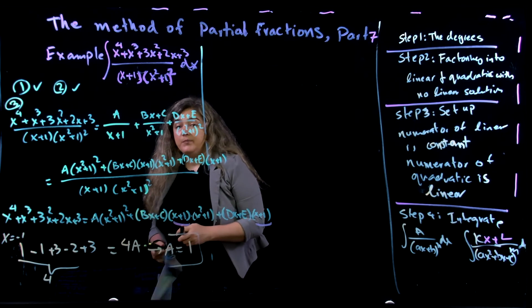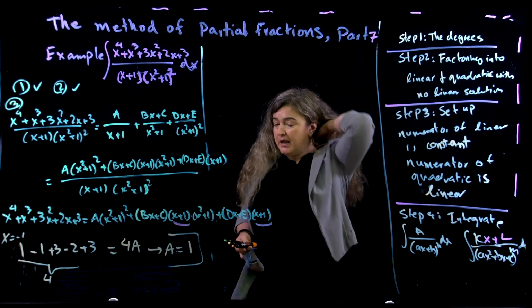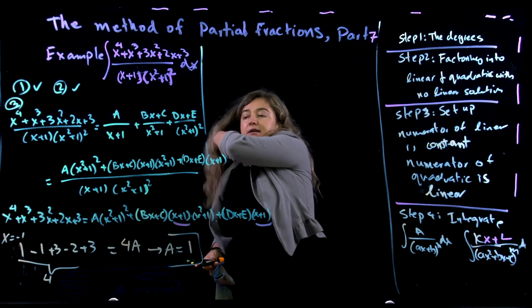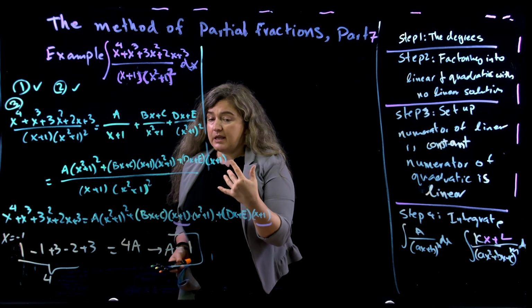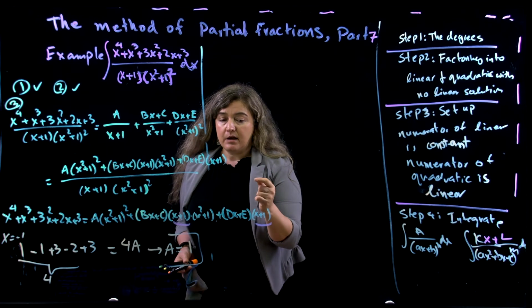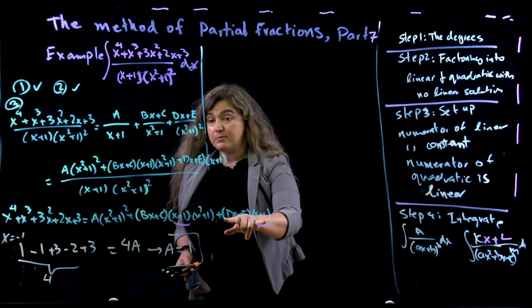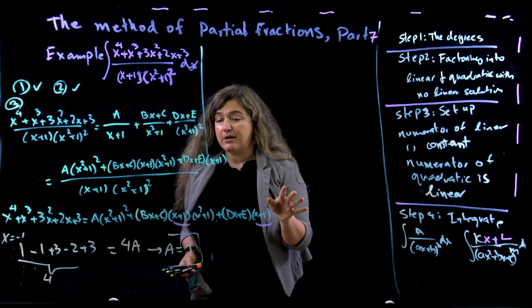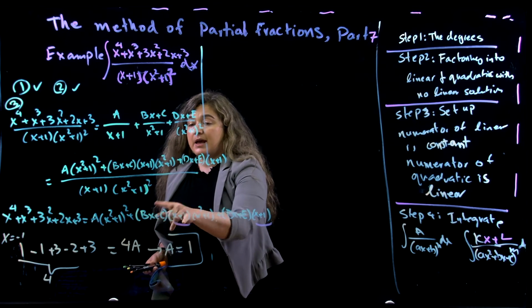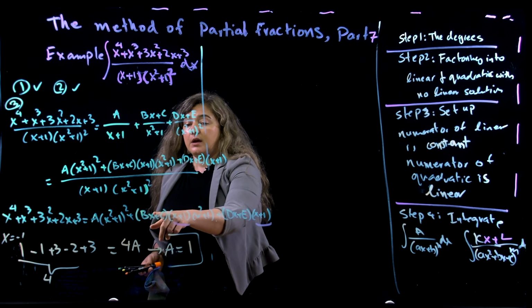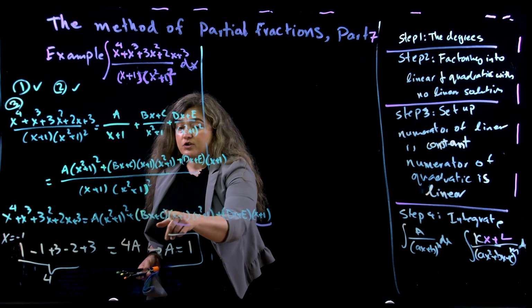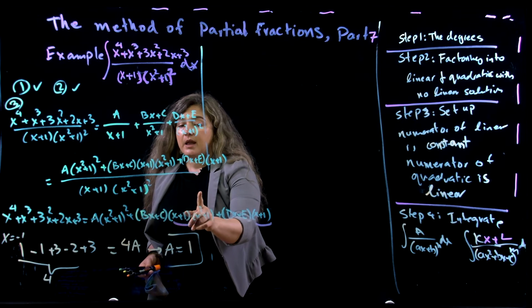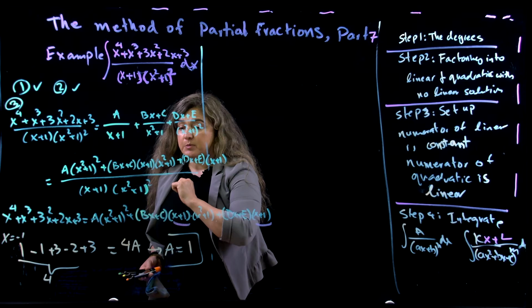Without doing anything extra, then I can easily also see the coefficient of x to the fourth. Look at this. This term does not have x to the power 4. This term has x to the power 4, by multiplication of the first term of each factor, and that coefficient is going to be b.